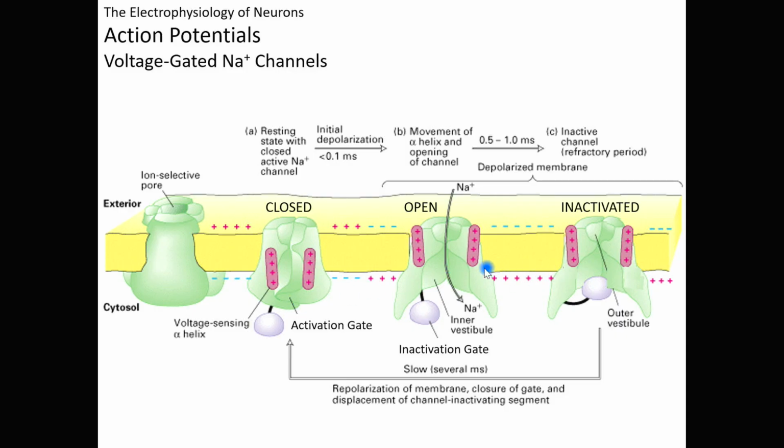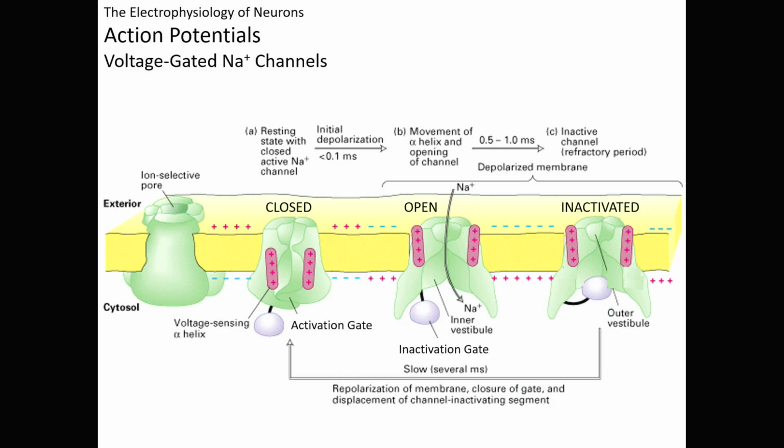There's no way to go there because the only way to open the inactivation gate is to force it open by the closure of the activation gate, right? And so we are forced to cycle through in a particular order here. We have to go from closed to open to inactive back to closed. That's the cycle here.